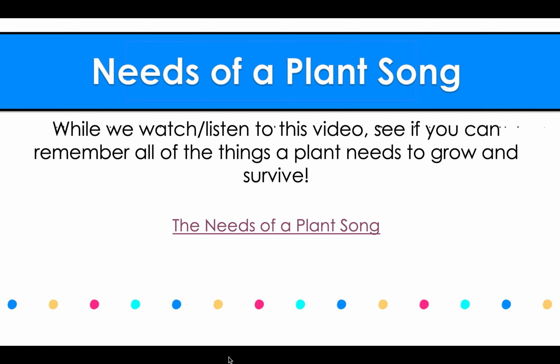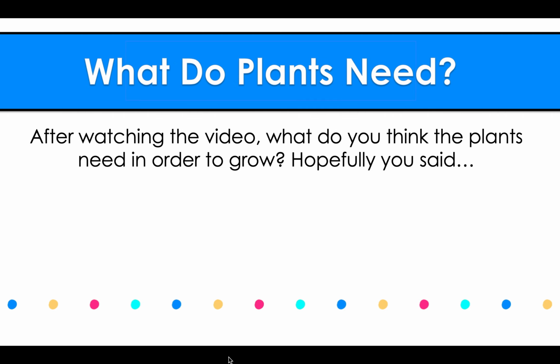Alright, that was such a fun, cute little song. So now that we have listened to it, what do you think the plants need in order to grow? Think about that song that you just heard. There were 5 things that plants need.